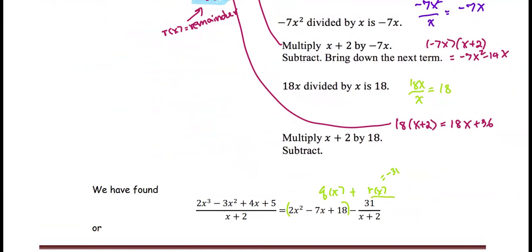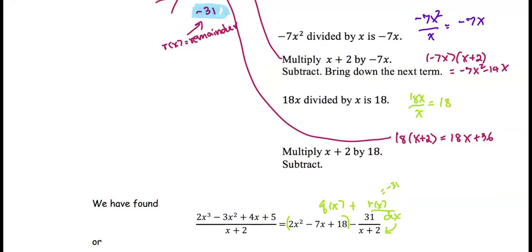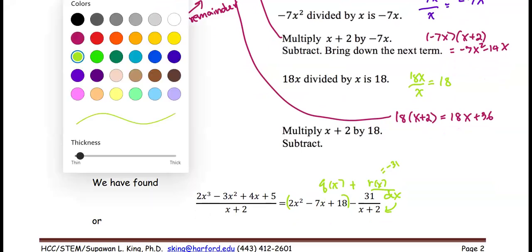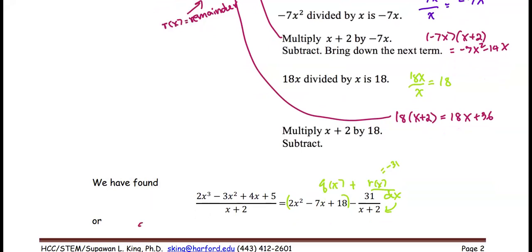Or we can rewrite it by multiplying all by x plus 2. The expression will be 2x to the third minus 3x to the second plus 4x plus 5 equals the quotient 2x to the second minus 7x plus 18 times the divisor x plus 2, minus 31.